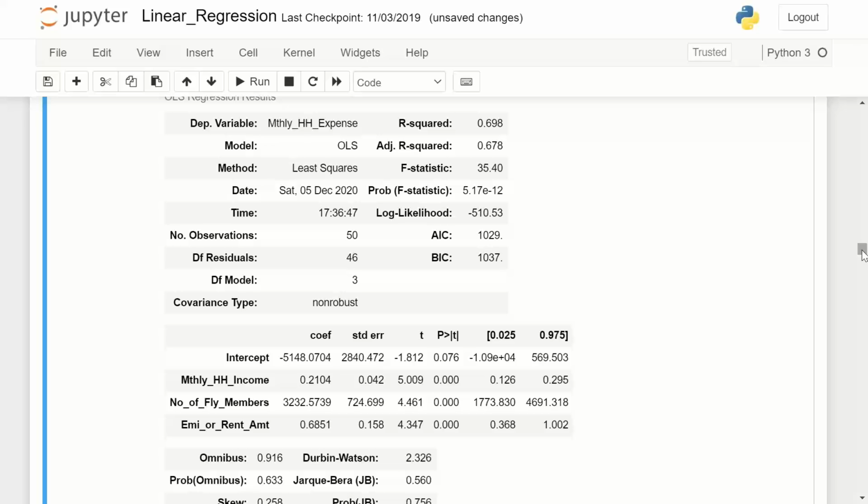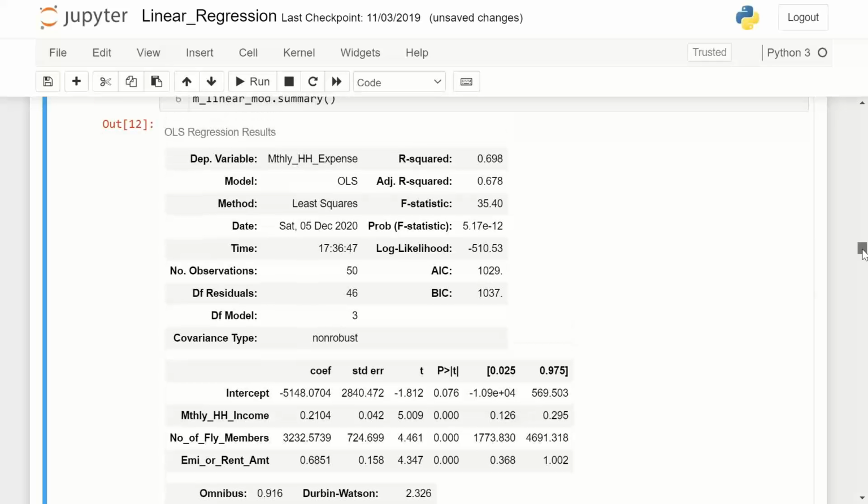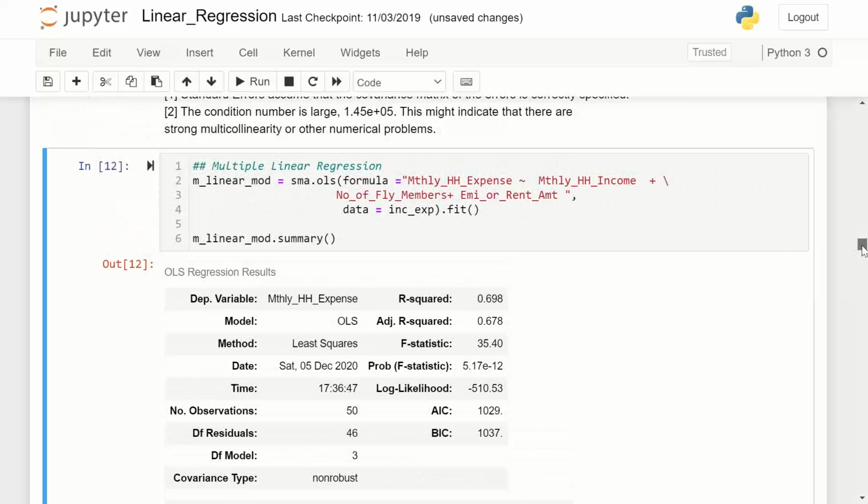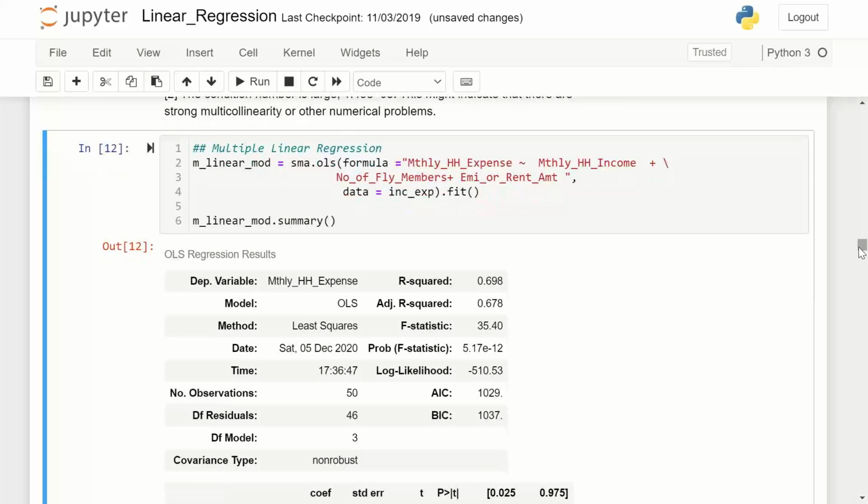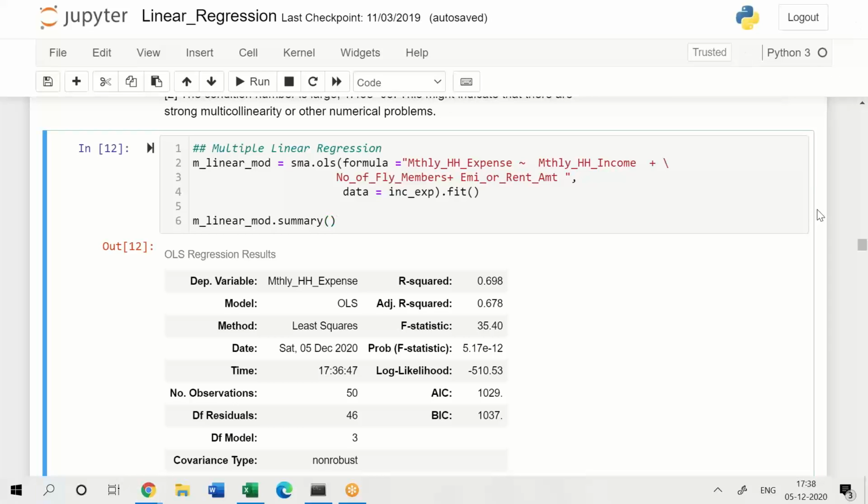Why? We'll shortly understand why we use adjusted R square. In the meantime, quickly execute this piece of code and get the output, and then we'll get into further explanation of adjusted R squared.